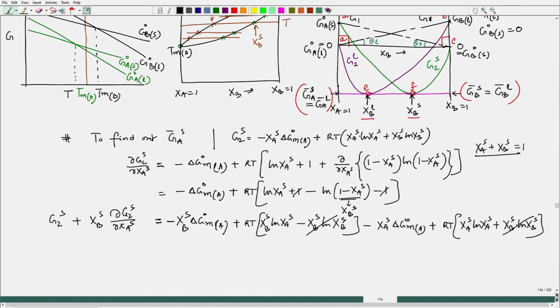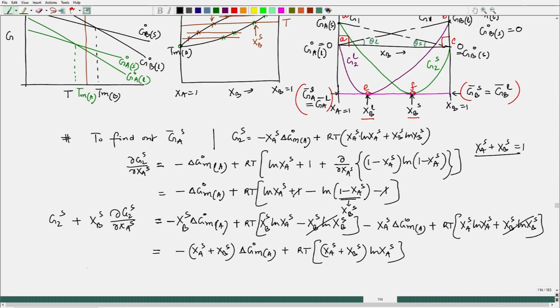Now I'll be left with minus XAS plus XBS delta G naught M A plus RT XAS plus XBS ln XAS.